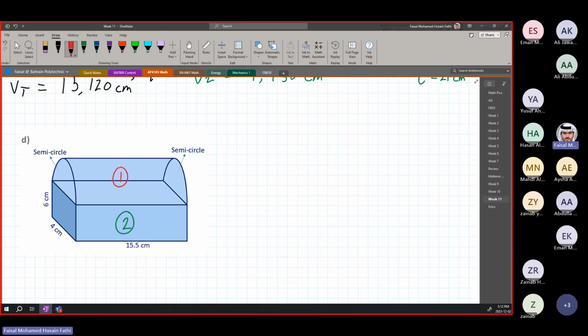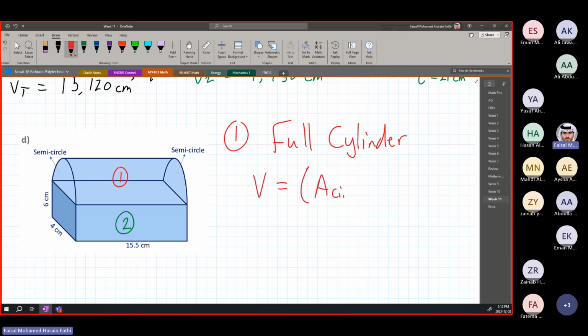I'm not going to solve it completely, I'm just going to solve the number one part. So for a full cylinder, volume is equal to the area of a circle times the extended length or height.